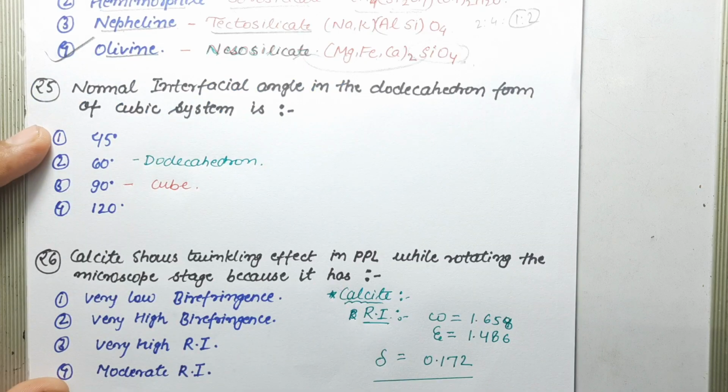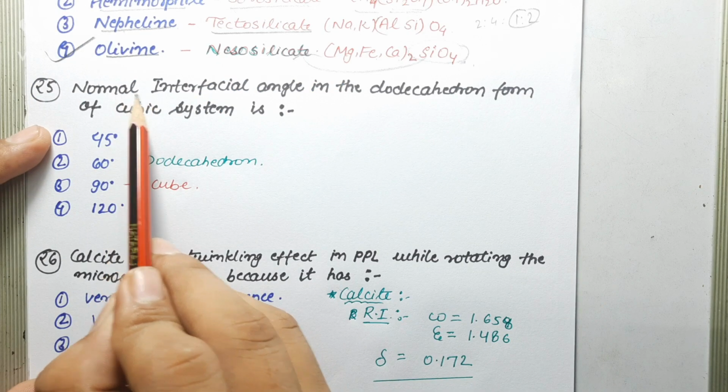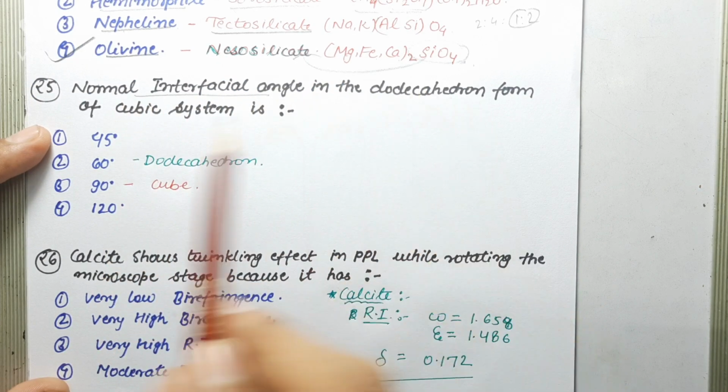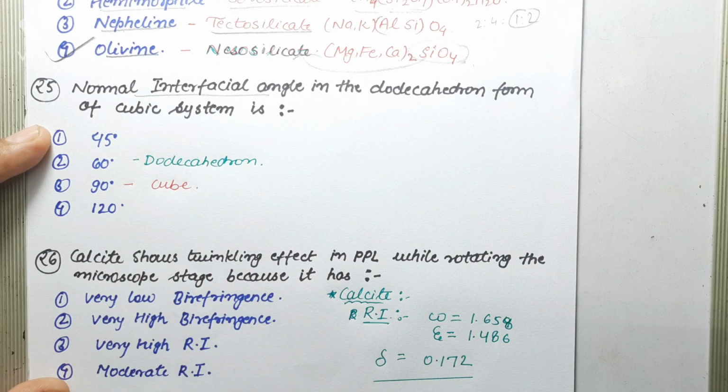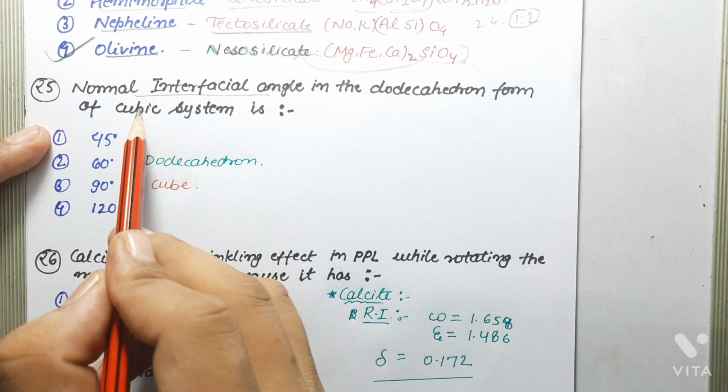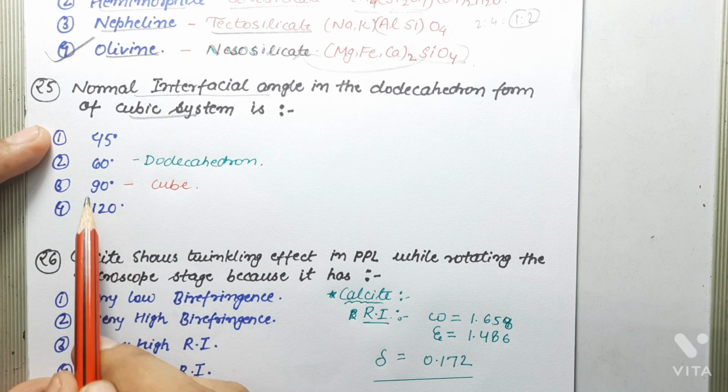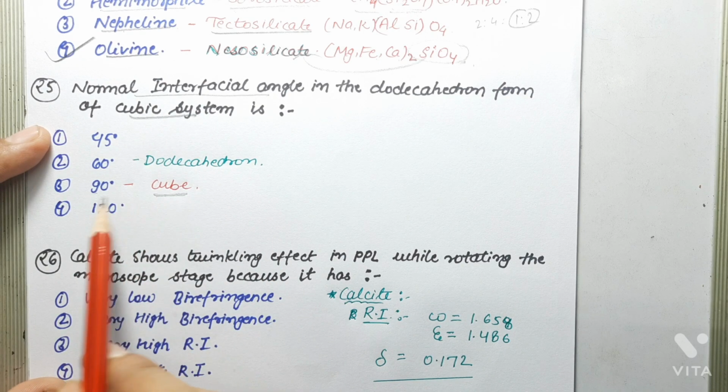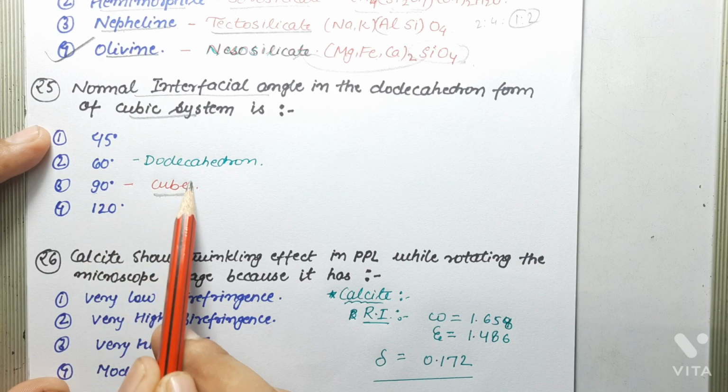Next question says normal interfacial angle in the dodecahedron form of cubic system is. So interfacial angle is the angle between adjacent faces of a crystal, and the instrument that is used to measure interfacial angle is goniometer. Okay, so in case of cubic system, the form cube, in case of cube, the interfacial angle is 90 degree.